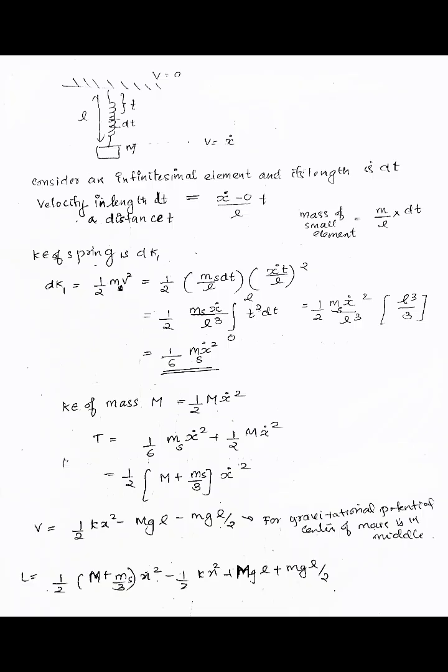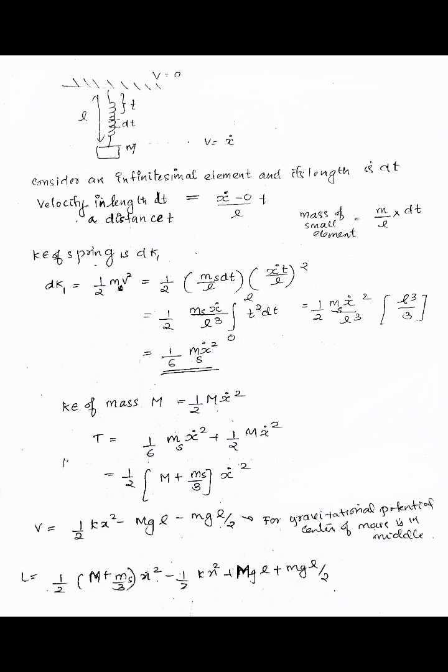the velocity in the length dt at a distance t can be written as x dot by L into t. This is because at the topmost point the velocity is 0, and at the bottom point the velocity is x dot, so the velocity in the length dt at a distance t is written as x dot by L into t.